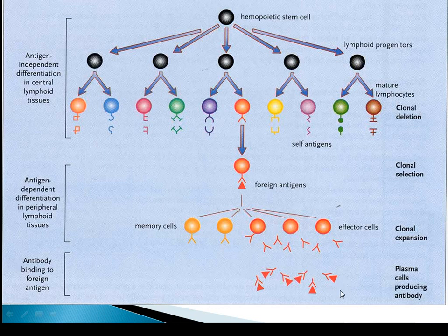Effector cells derived from T cells either secrete cytokines or destroy foreign cells or altered cells. Memory cells, similar to virgin lymphocytes, also express receptors, and they are not directly involved in the immunological response during which they are generated, but these cells live for months or years and have a much greater affinity for antigens than the virgin lymphocytes.